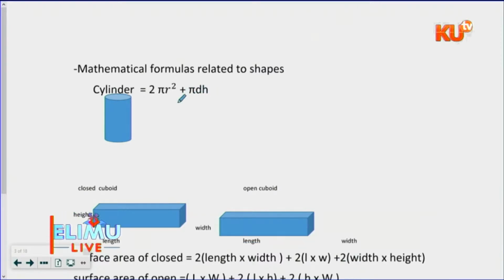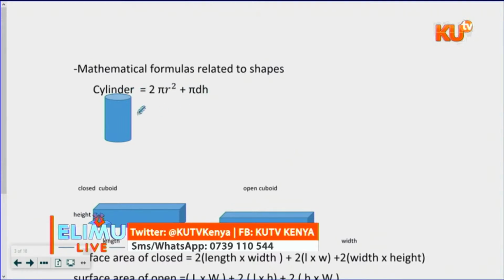Circumference, I've said, is the distance all round a closed, rather a circular figure. So circumference is pi d, and then we multiply by h, our height. So we have pi d h.